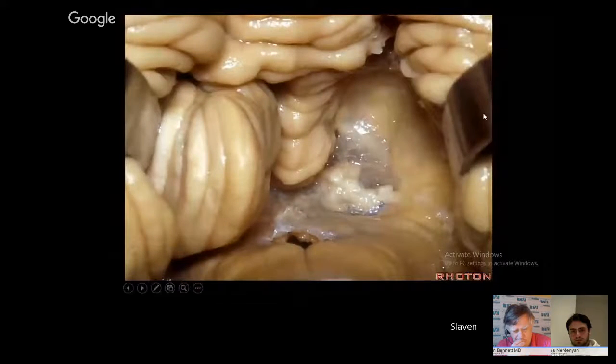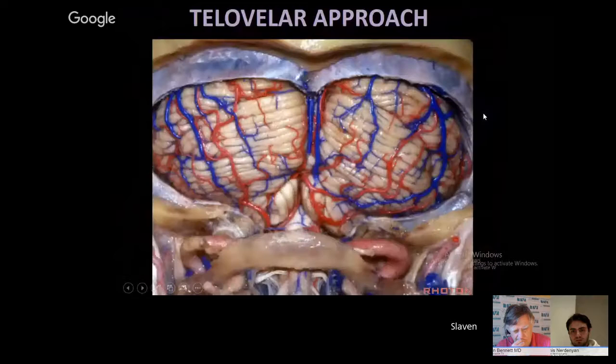So let's now go to the actual telovelar approach. So as I mentioned already, the telovelar approach is an approach to the fourth ventricle, an area behind the cerebellum here, or I mean anterior to the cerebellum, between the brainstem and the cerebellum.